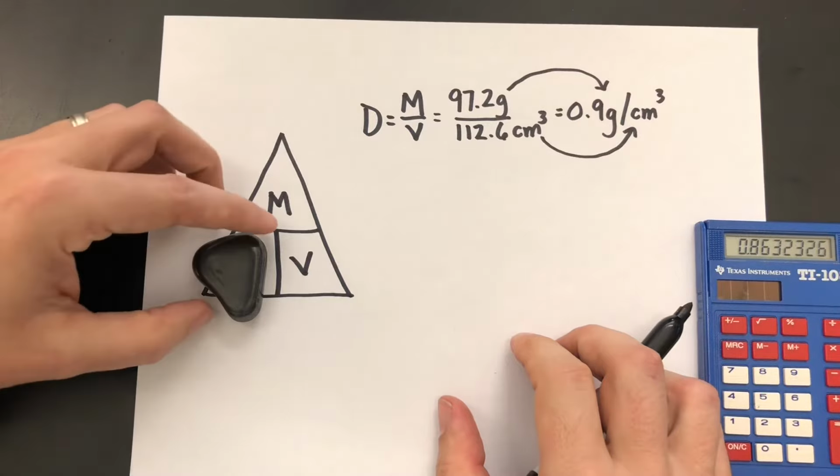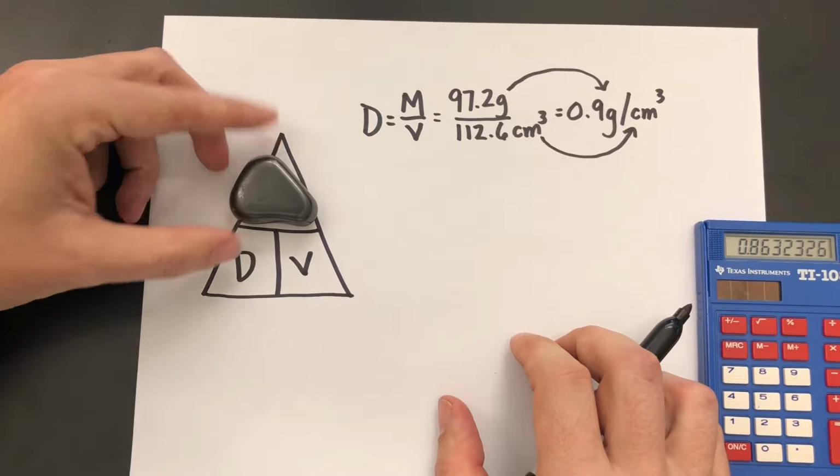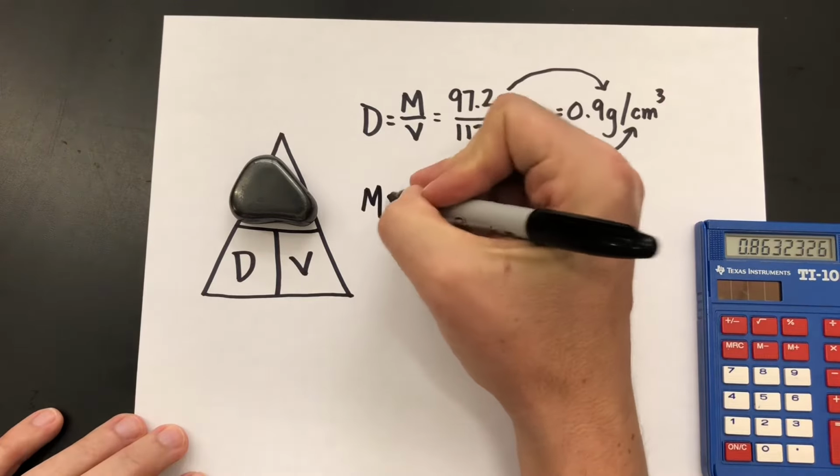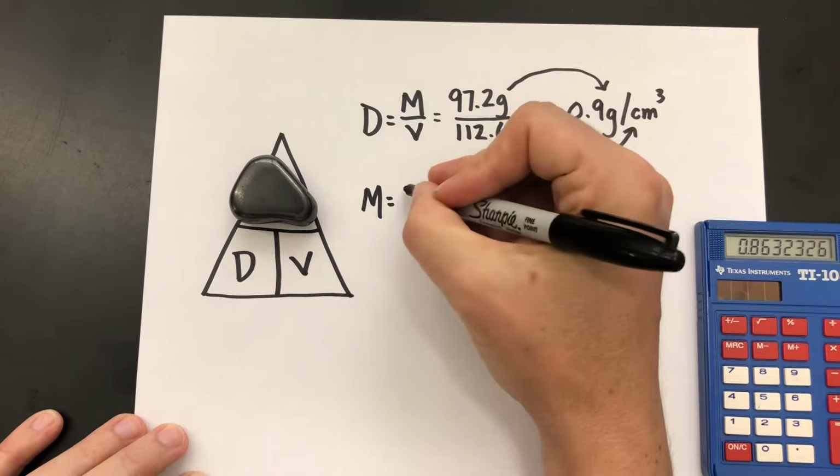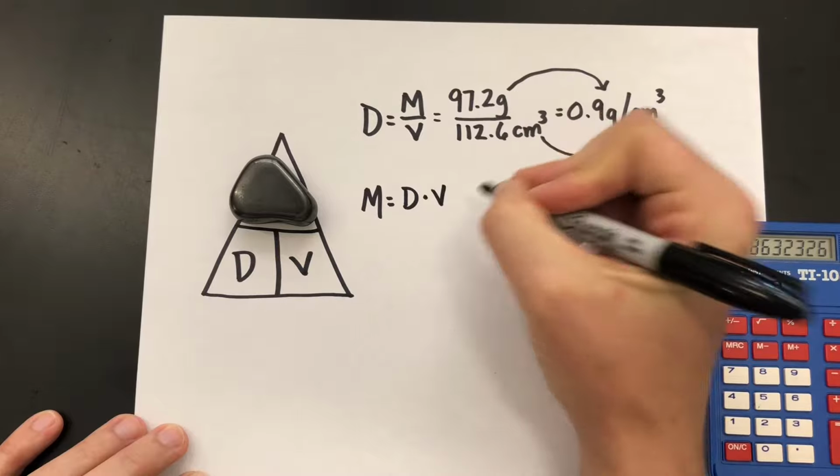What if I'm looking for mass? I'm going to cover up the mass. Mass equals density times volume. In math, when numbers are next to each other, you multiply them. Density times the volume.